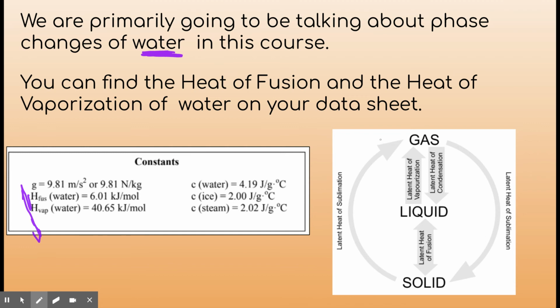For heat of fusion and heat of vaporization. Now, you are going to have to pick which one we use, just like we had to pick with specific heat capacity calculations. Now, this is where you need to understand that fusion and melting and vaporization and condensation and their relationship between the two of them.